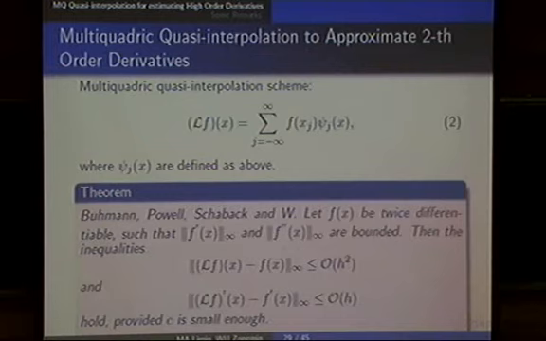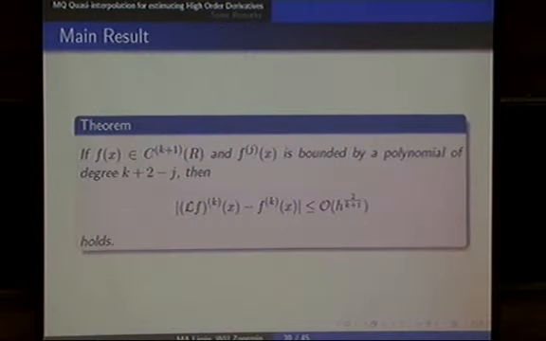If k is equal to 0, the order is 2, and k equal to 1 is h, the order is 1. And k equal to 2 is still convergent, it is h to the power 2 over 3. And it's very good.